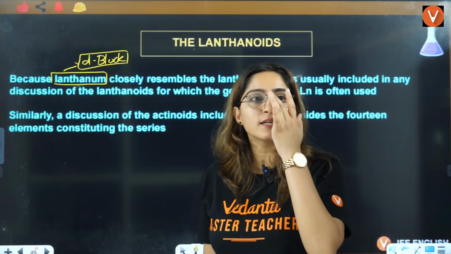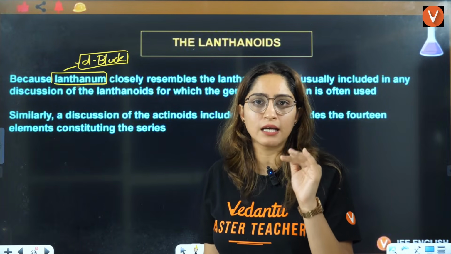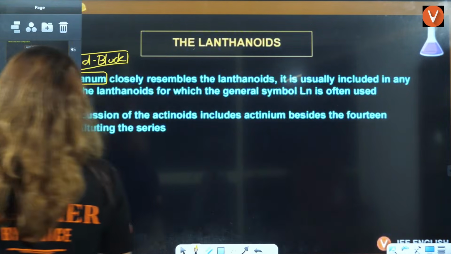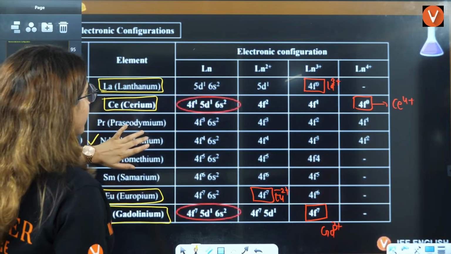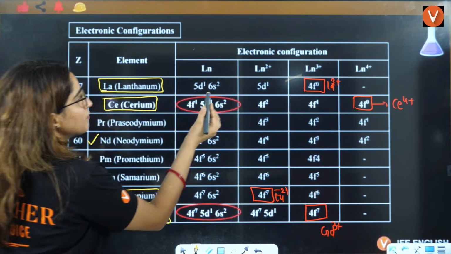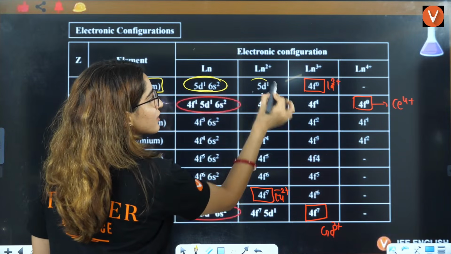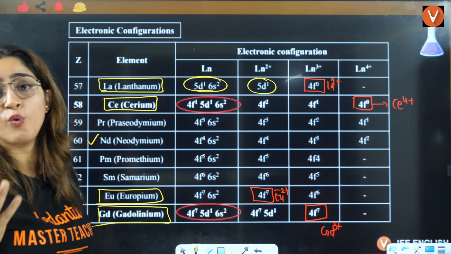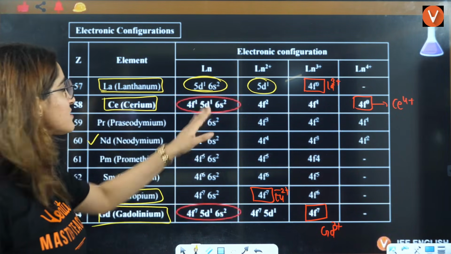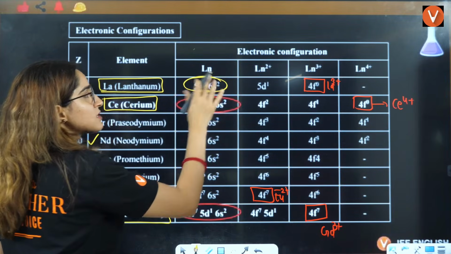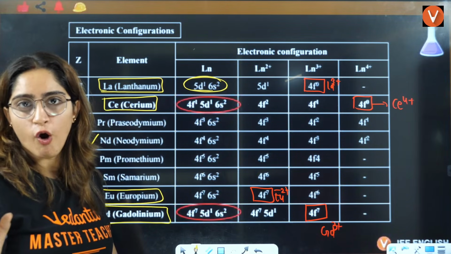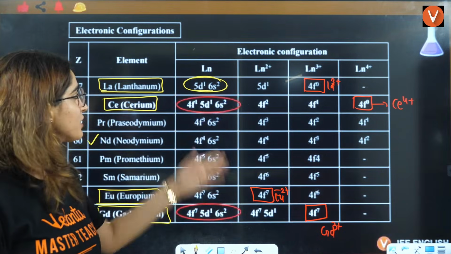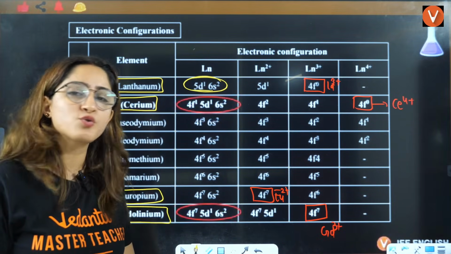And the second thing is, let me just show you why it is not included. Can you see in lanthanum there is no f, there is f0, no f is there. Even in its neutral state, it does not have f1. There is no f orbital here.